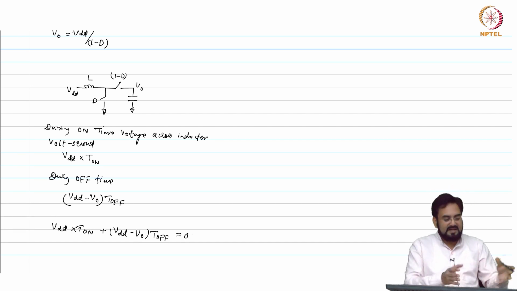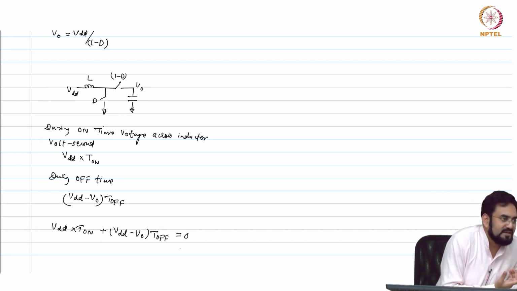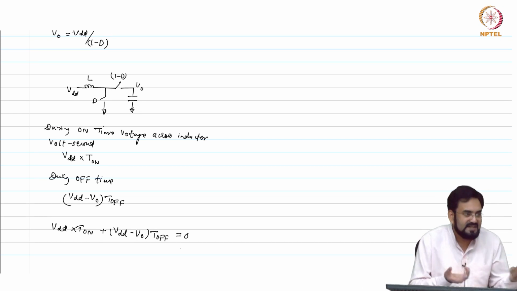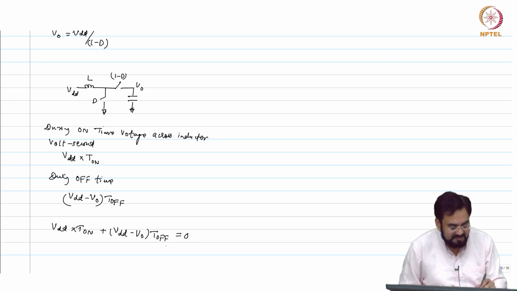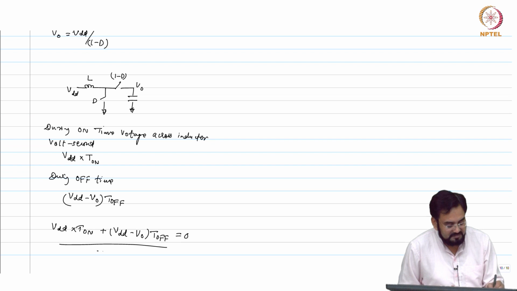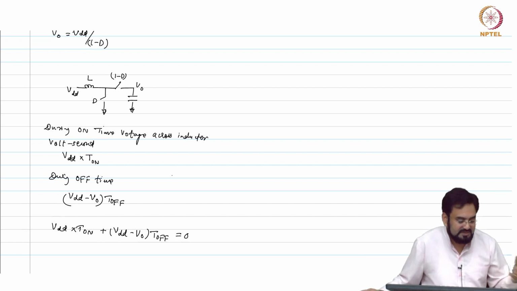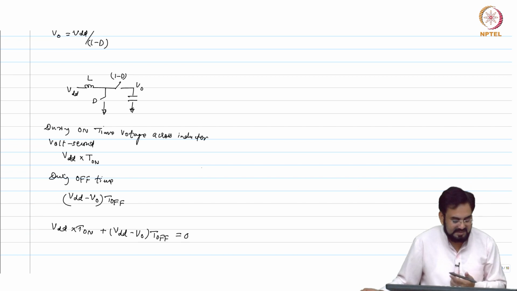Okay, if you want to write in terms of average, you have to simply divide it by TSW. Okay, but that becomes 0, so you don't need to. That's why we call it volt second. Volt second is not an average voltage actually, it is a product, but ultimately it comes from here only. So since right side is 0, so as good as same. So whether you say average voltage is 0 or volt second is 0, it's same thing.